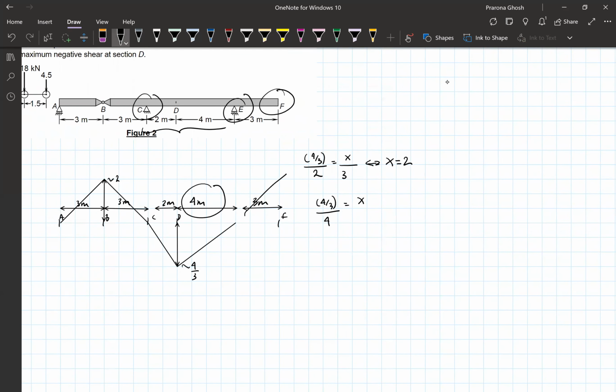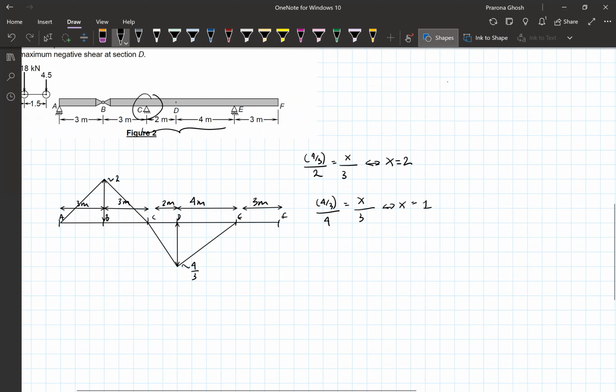It has to be something up here. So X over this distance, which is 3. Then I solve for X, so 4 over 3 times 3 divided by 4, which is 1. And so I get 1 here. This is 1, and then I just drag the line over. So that's how I got my value.